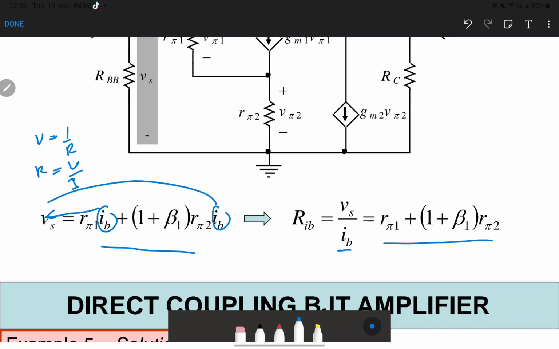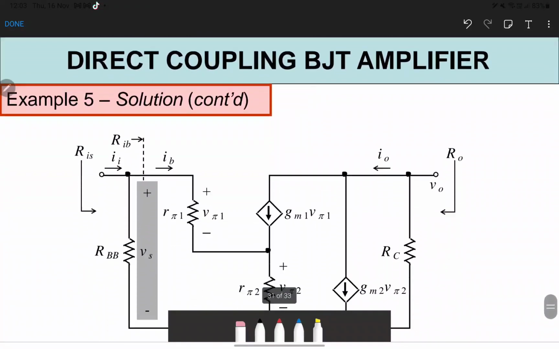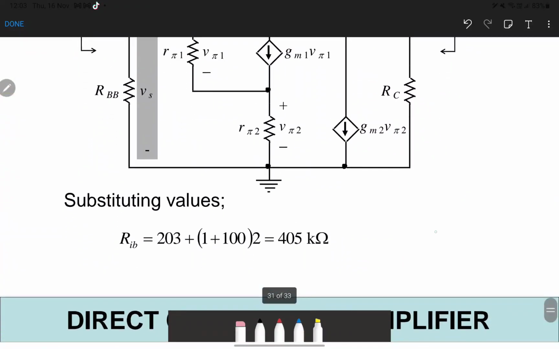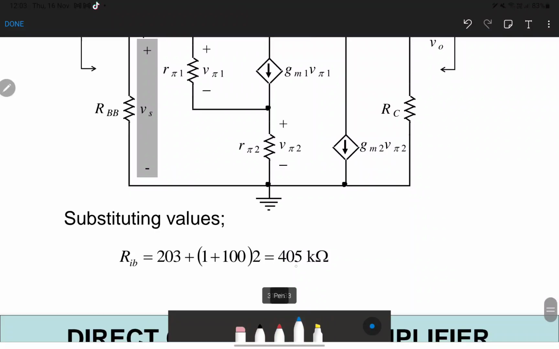So the resistance is R pi 1 plus (1 plus beta 1) R pi 2. Right? So you plug in the values, and you get the R in base equal to 405 kilo ohm.